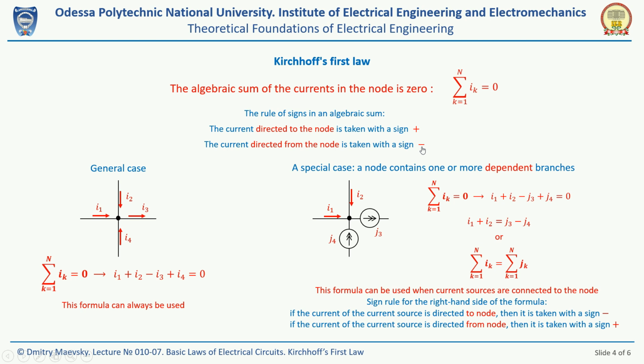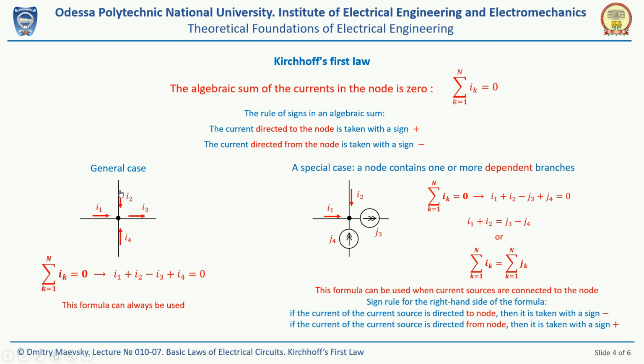Let the currents act in some node of the circuit as shown in this figure. Let's create an equation for this node according to Kirchhoff's first law. Current number 1 is directed to the node, so it must enter the equation with a plus sign.